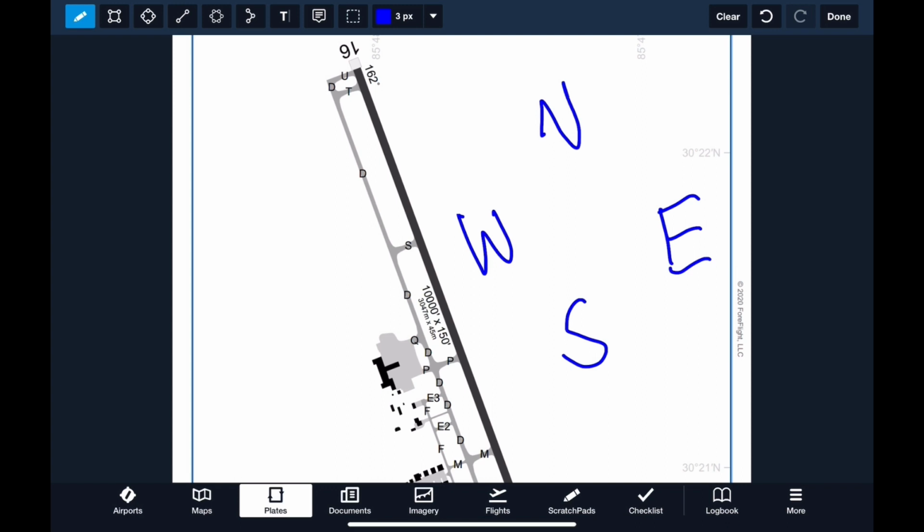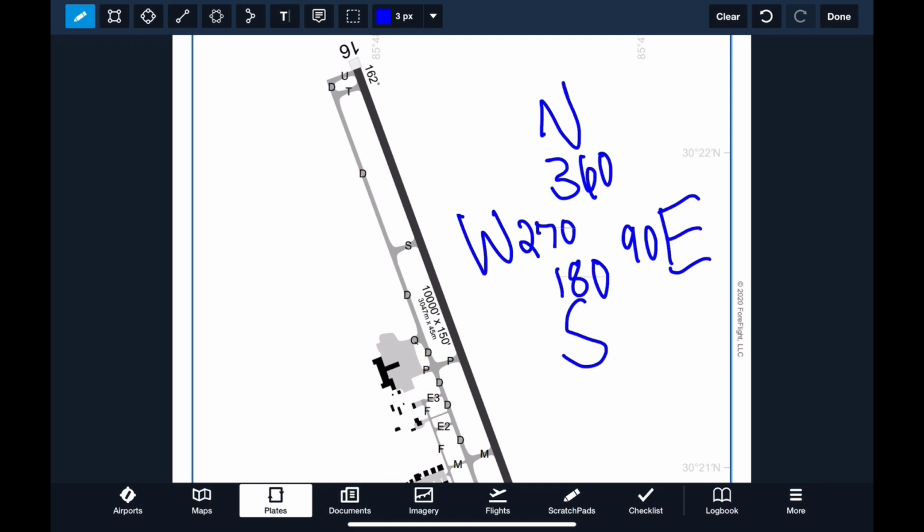Cardinal headings. And these cardinal headings have degrees to them. So north would be 360 degrees. South, complete opposite, 180 degrees. East, 90. And west, 270. So these are your cardinal headings. And then, of course, you have degrees in between these.